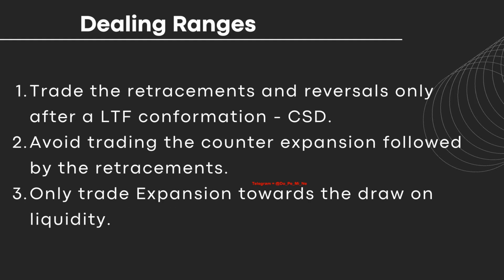Now let's move on to another slide. Here we've got some important points regarding dealing ranges that you must be aware of. The first one is that you should only trade the retracement and reversal profiles on the lower time frame after a lower time frame confirmation, and that confirmation could be in the form of a CSD, or a change in the state of delivery.